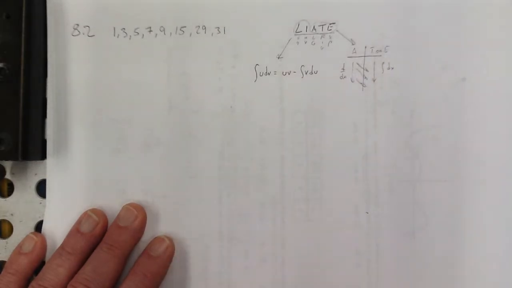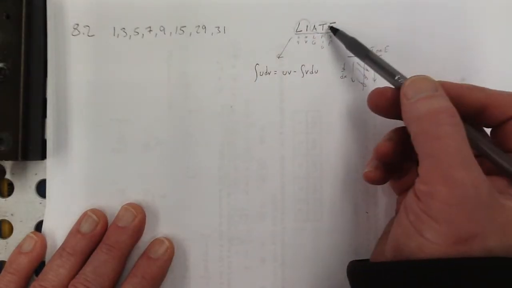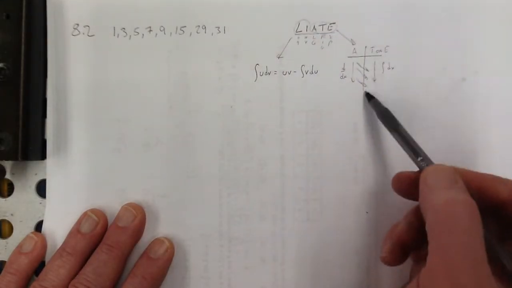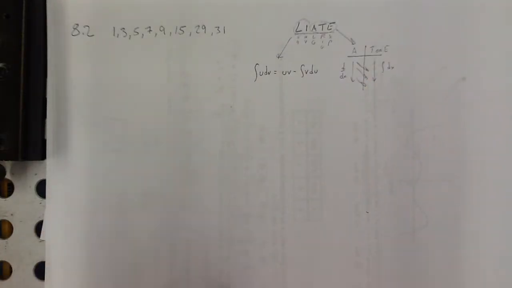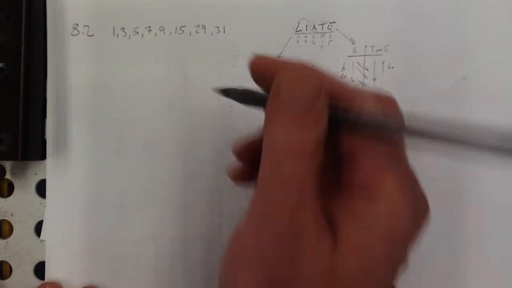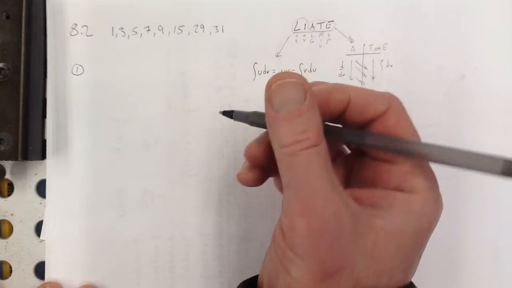So there's two options for what to do. You can always do the full method, but if it's possible to do this tabular thing, you definitely want to go with that. All right, that's a quick review of that. You already have that from your notes, so I guess I'm just getting myself warmed up.